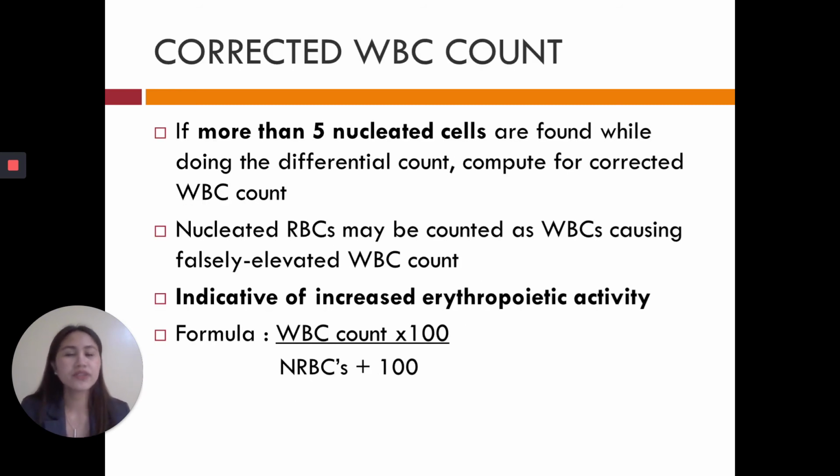Another thing, for corrected WBC count, I think your teacher already explained this. I just want to include it, since this is part of peripheral evaluation. If you find more than 5 nucleated RBCs, then you should consider recalculating your differential count.